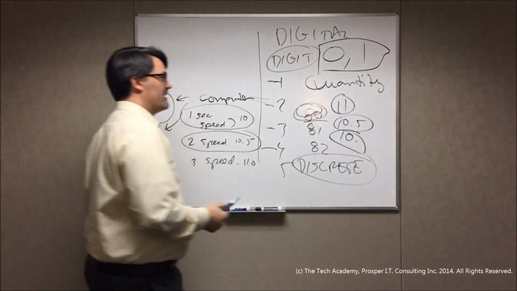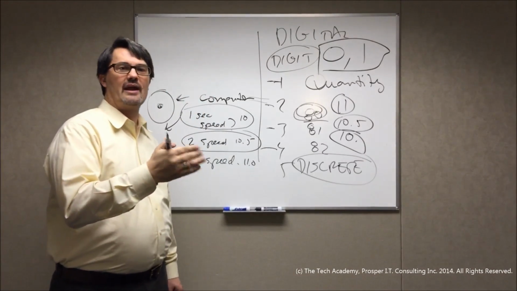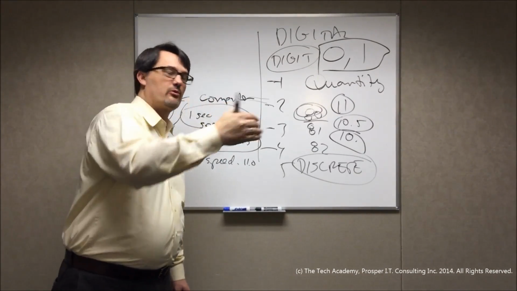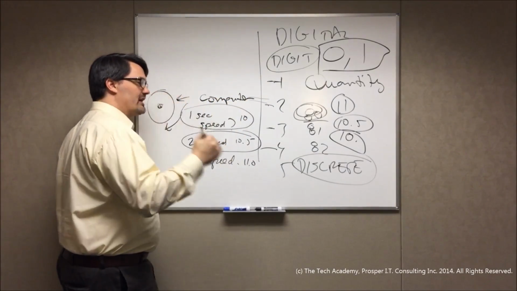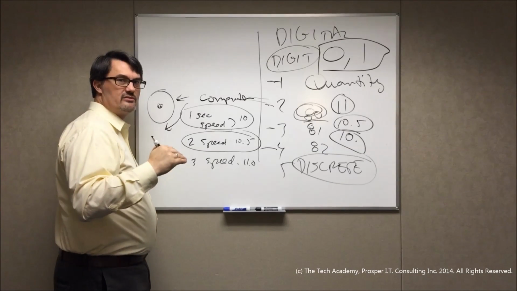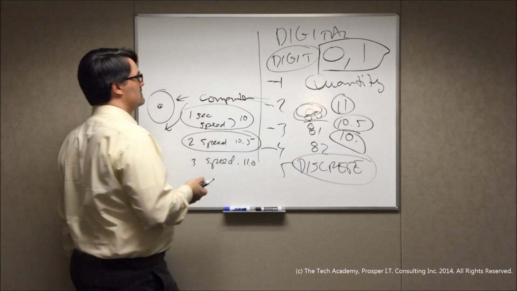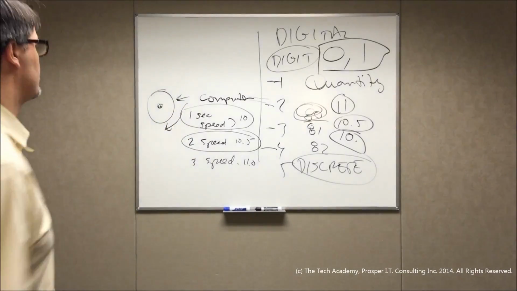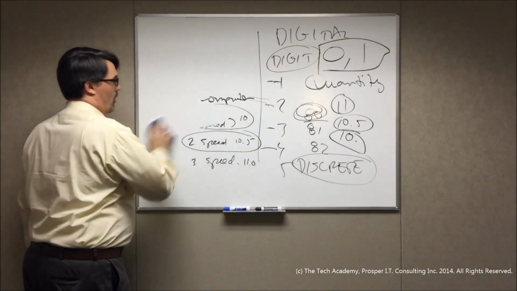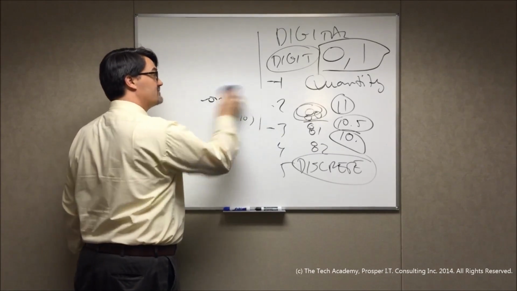It's exactly 11. It's not somewhere in between and able to be watched in the in-between process. So digital means you're dealing with digits, discrete, precise, exact intervals or quantities. So, another example of how this could be used, and why sometimes analog is good and sometimes digital is good.